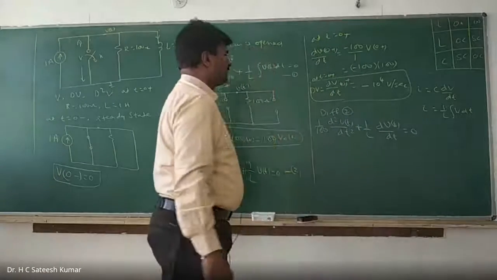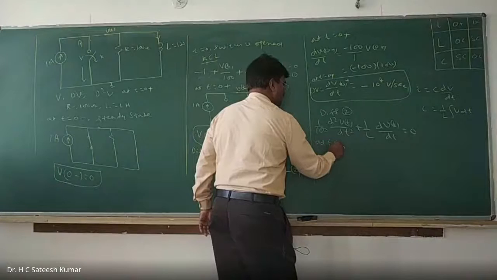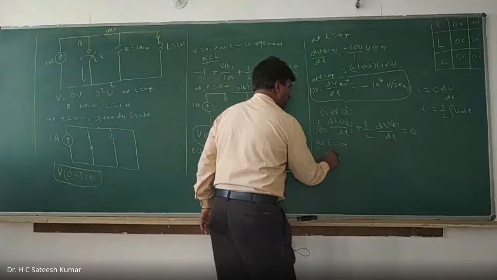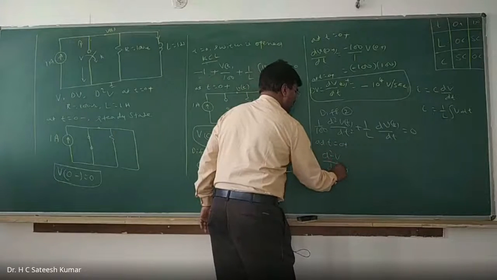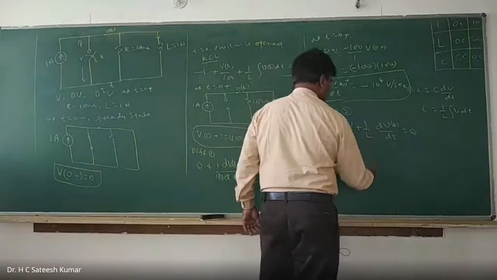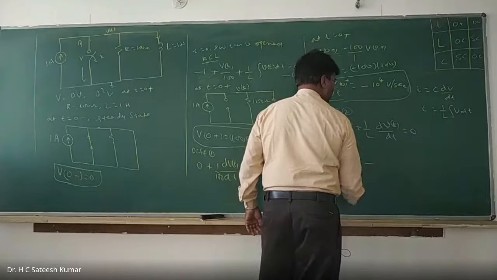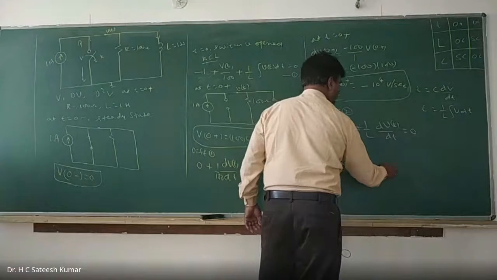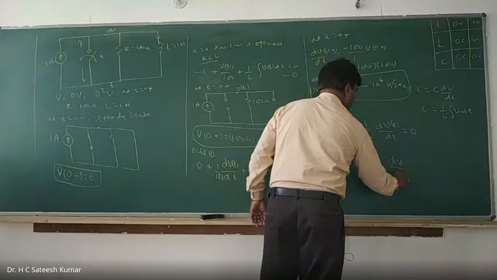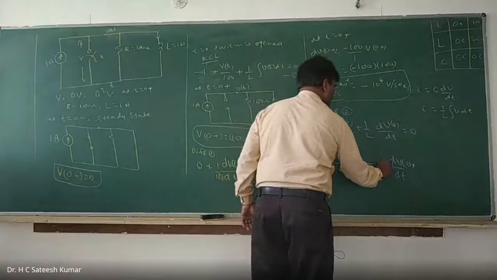So therefore, what will you get? At t is equal to 0 plus, d squared V divided by dt square at 0 plus is equal to, transferring to the right hand side, minus 1 by L, which is 1, into dV by dt at 0 plus, and the 100 you will transfer here.